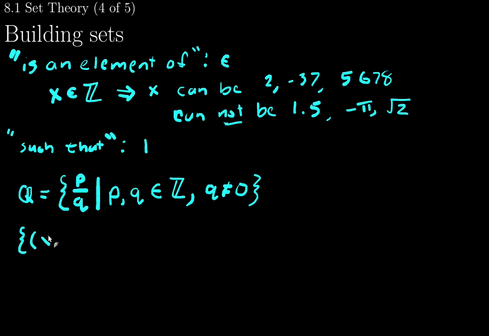Set of all x, y, such that, so we have the coordinates, and if they're on the plane, then x and y could be natural numbers, integers, positive integers, real numbers, but they can't be complex numbers or else they wouldn't be on the plane. So the set of all ordered pairs x and y such that x and y are elements of the real numbers.